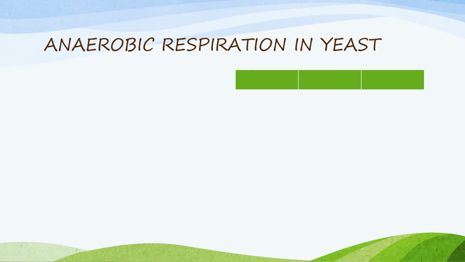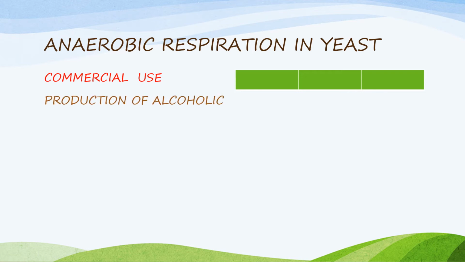This process in other terms we call fermentation. Anaerobic respiration in yeast is put to commercial use for the production of alcoholic beverages, bread and also the fermentation of idli and dosa batter.